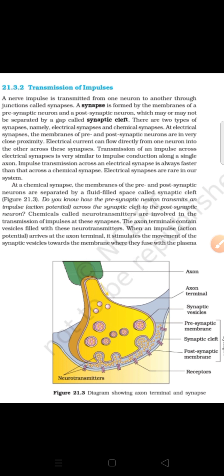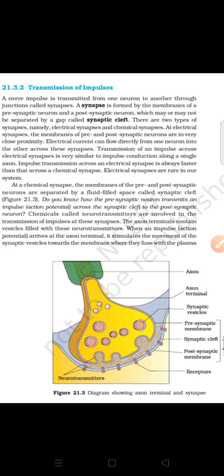Due to this process, sodium ions which are present already in the environment, the neuronic environment, at that time these sodium ions start to enter inside the next dendrite or next neuron. By this, electric impulse or nerve impulse can pass from one region to the next region.